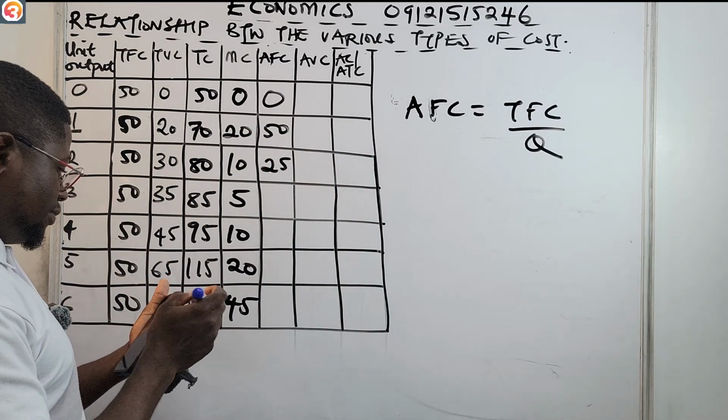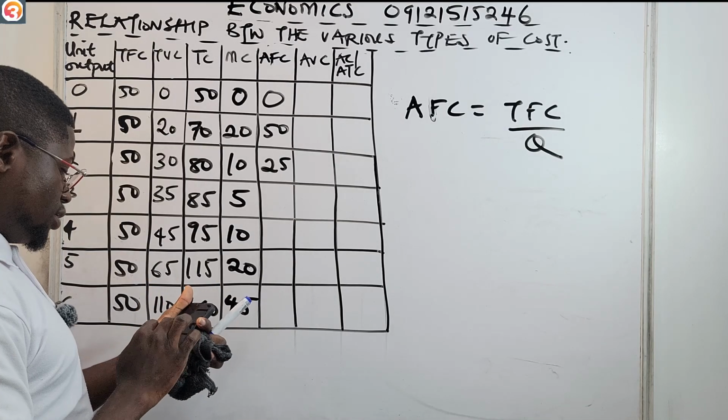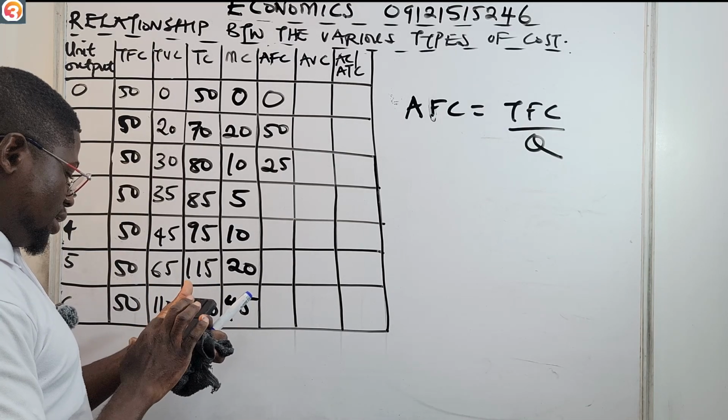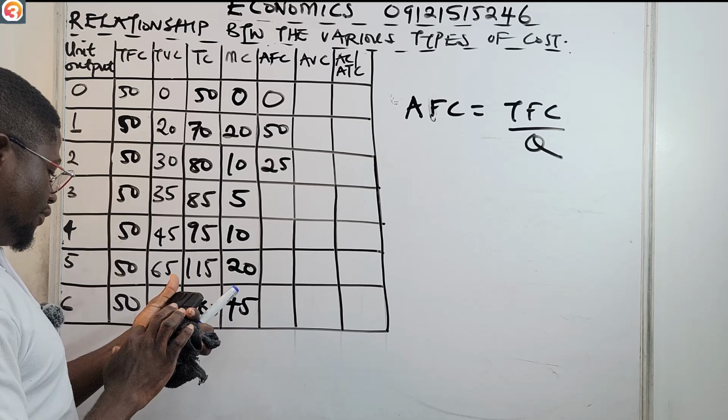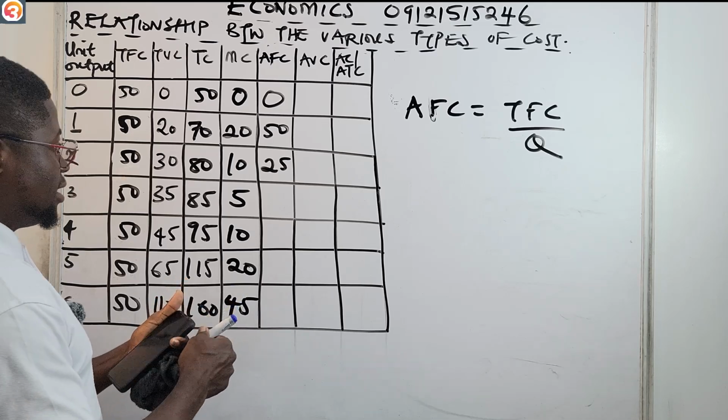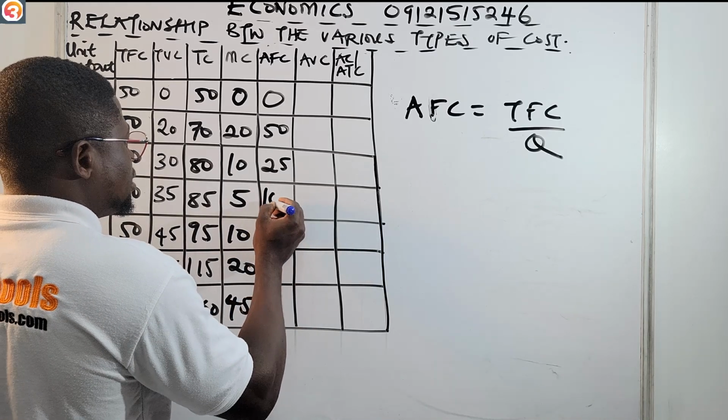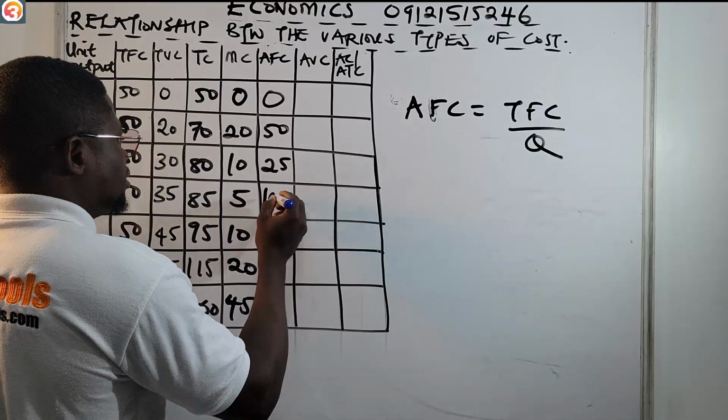50 over 3, let's find it. Let us not make mistakes. 50 divided by 3 is 16.67.